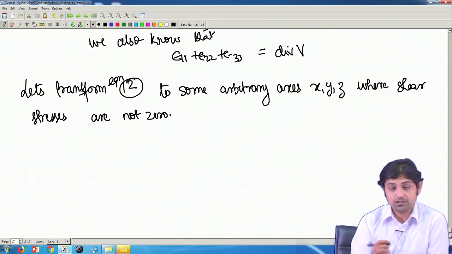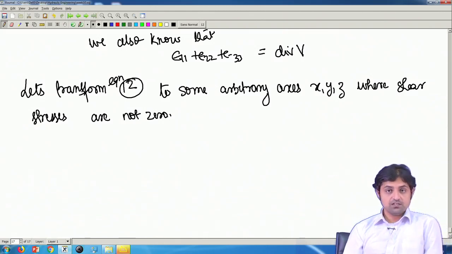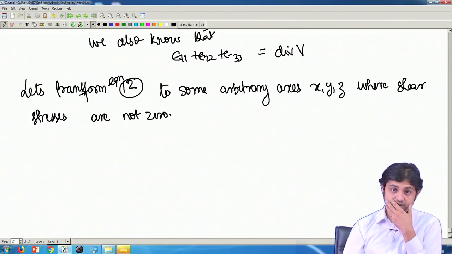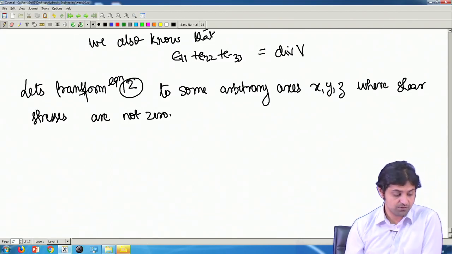Earlier we assumed an axis where the shear stresses and shear strains vanish, but now we have transformed into some arbitrary axis where these might not be 0. Okay.